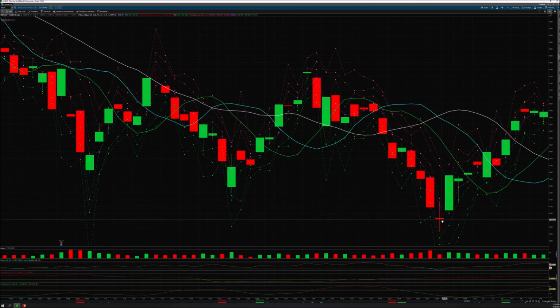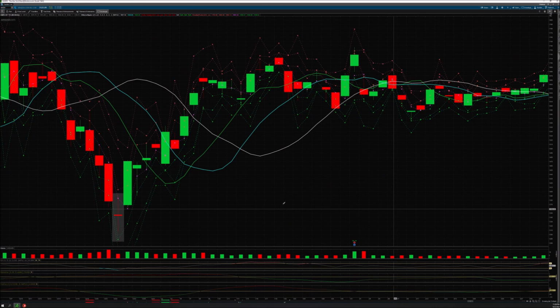All right, this is Christmas Eve two years ago, 2018. Right here, this doji red candle. I'll put a square box on that. So that's Christmas Eve 2018, and look at what it did.